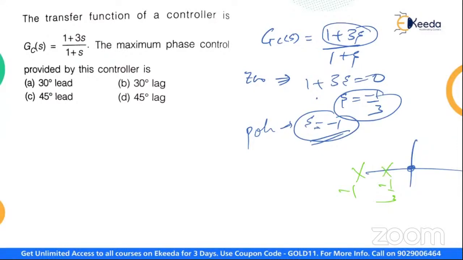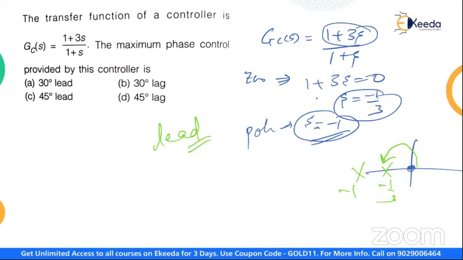So the 0 comes first. If 0 comes first, the given controller is a phase lead controller. So it is a lead controller.